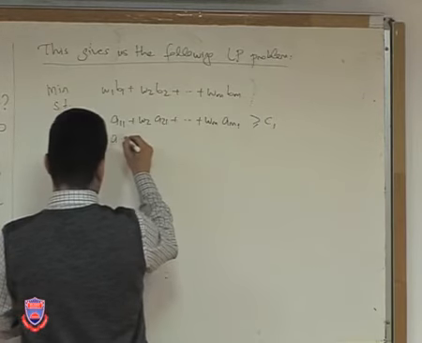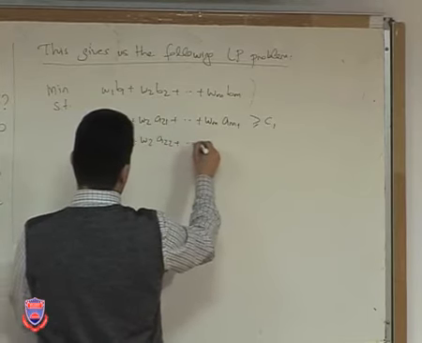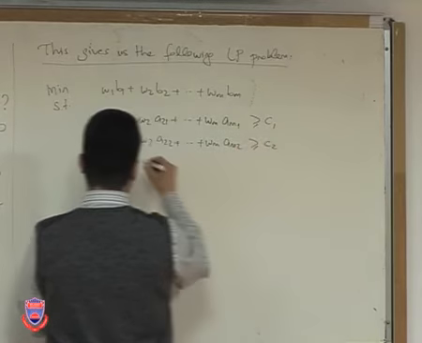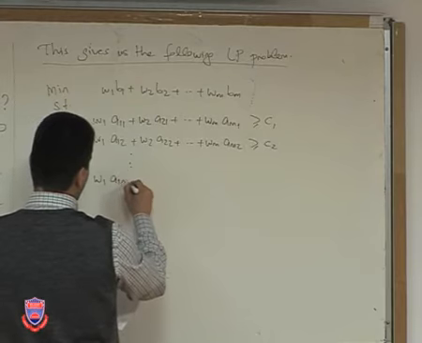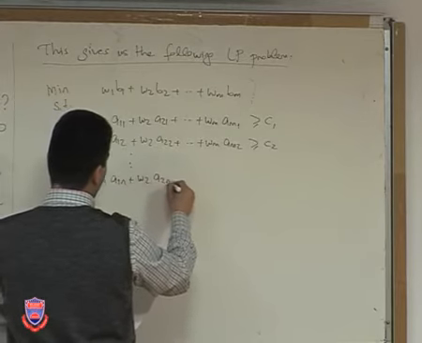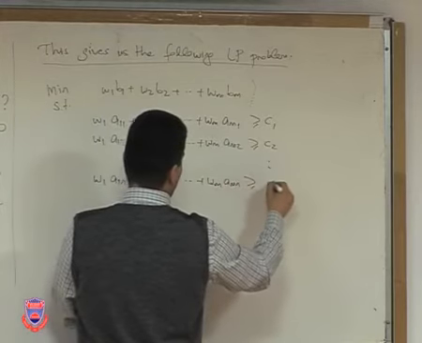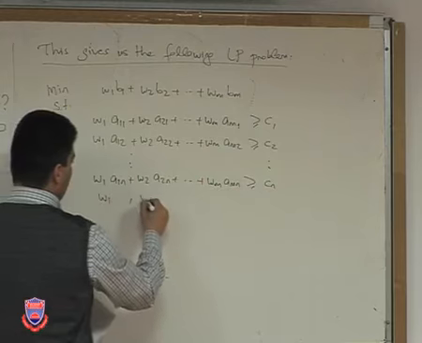Then W1 times A12 plus W2 times A22 plus Wm times Am2 will be greater than or equal to C2. And finally, W1 times A1n plus W2 times A2n all the way up to Wm times Amn will be at least as large as Cn. And then each of my W's will be non-negative.